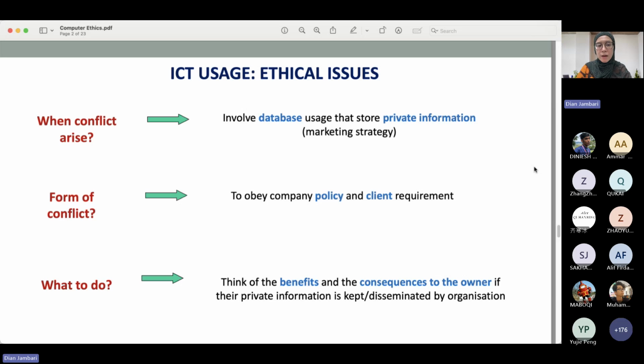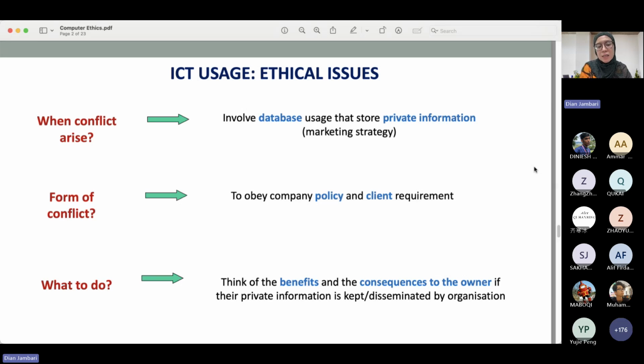How can it arise? Because that information should be private in the database, and yet it's being used for marketing. It conflicts because the information may not have been intended for marketing. It was used for something else.